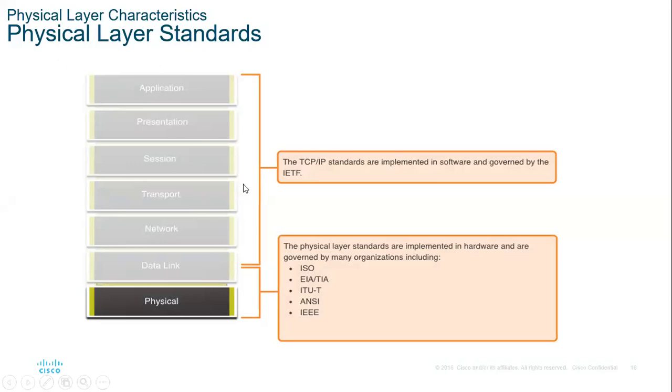The first 5 layers, the TCP/IP standards, are implemented in software and governed by the IETF, while the data link and the physical layer standards are implemented in hardware and are governed by many organizations including ISO, EIA or TIA, ITU-T, ANSI, IEEE. Already we have discussed these organizations in the previous session.